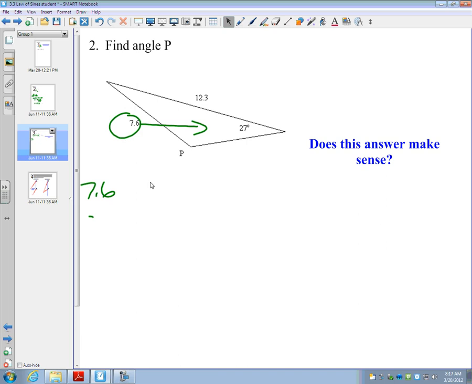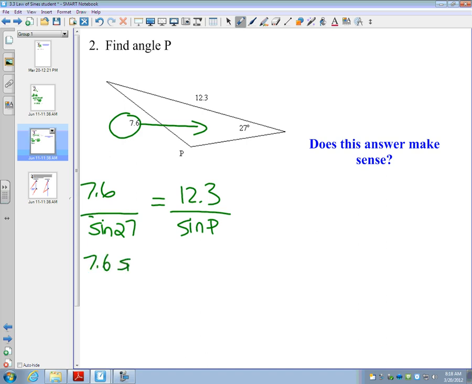The ratio of 7.6 to the sine of 27 is equal to side length 12.3 to the sine of p. Solving this, cross multiplying, we get 7.6 times sine p is equal to 12.3 sine 27.